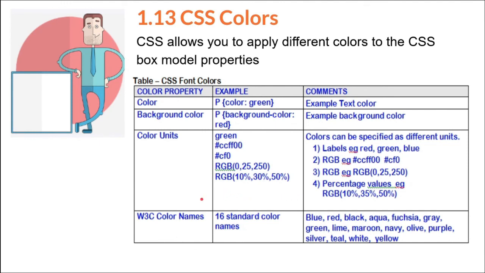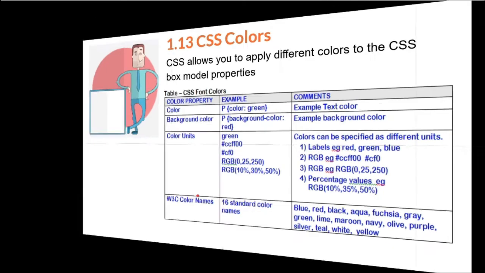The W3C, the World Wide Web Consortium, is responsible for setting Internet standards and standards for web pages, HTML, CSS and JavaScript. They specify 16 standard color names: blue, red, black, aqua, fuchsia, grey, green, lime, maroon, navy, olive, purple, silver, teal, white and yellow.